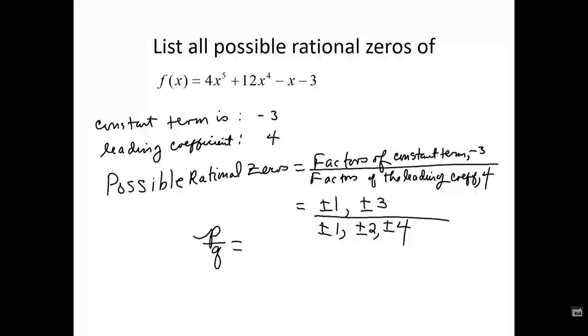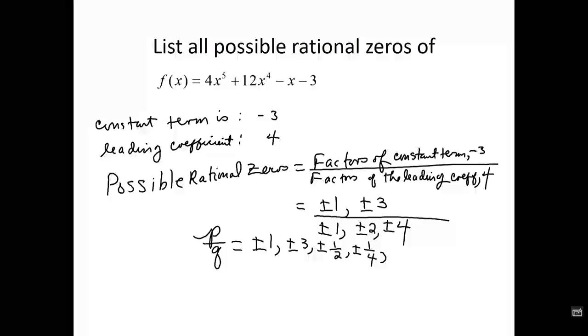So what do we have here? Plus or minus 1, plus or minus 3, plus or minus 1. Plus or minus 1 divided by 2 would be plus or minus 1/2. Plus or minus 1 divided by plus or minus 4, we have plus or minus 1/4. Plus or minus 3 divided by 1 is going to be plus or minus 3. We already have that.